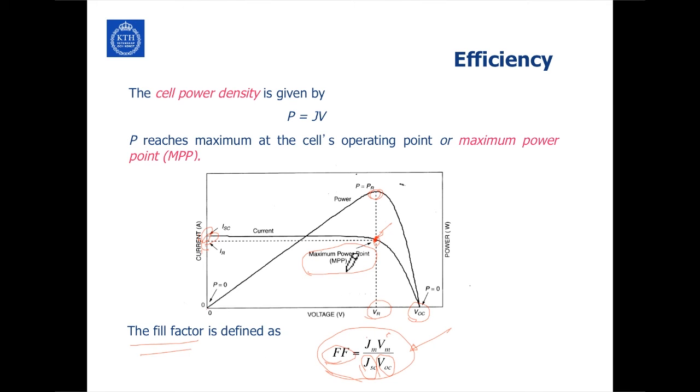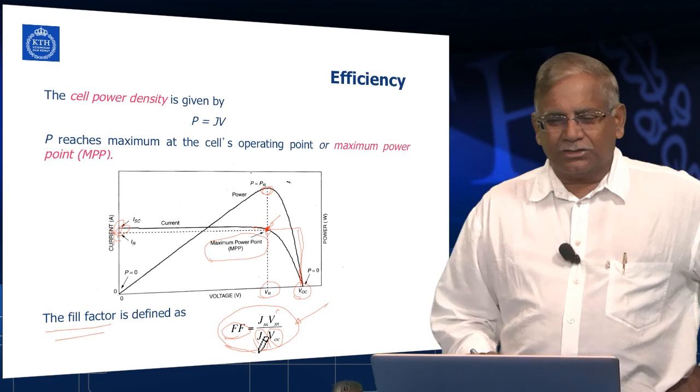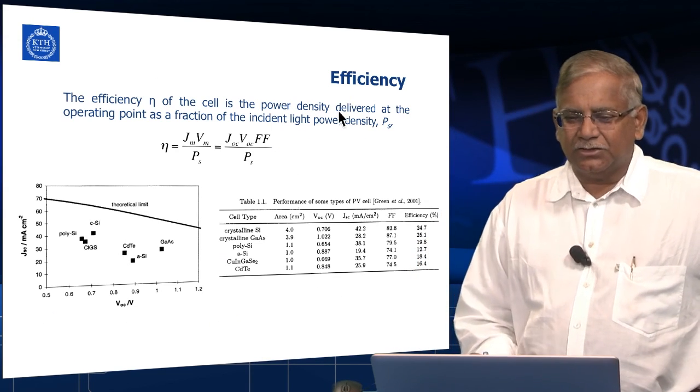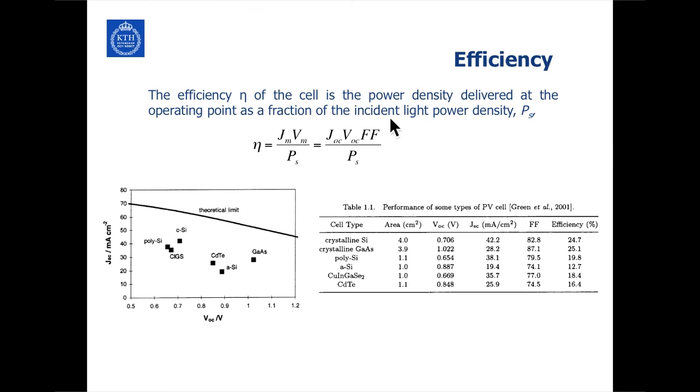So, the fill factor is simply the area of one rectangle divided by the area of the other rectangle, and that is very important, because when you define the efficiency of the cell, this simply says the power density delivered at the operating point.